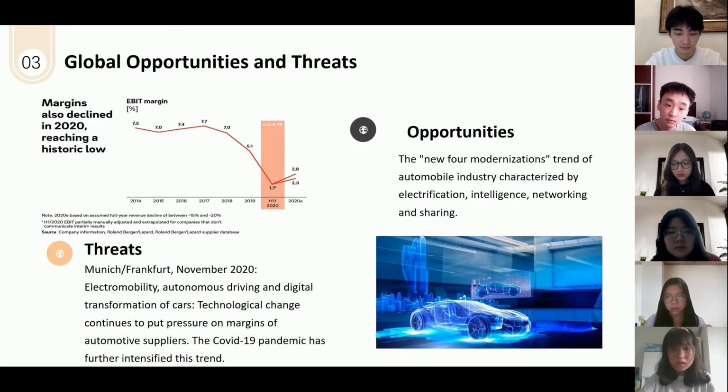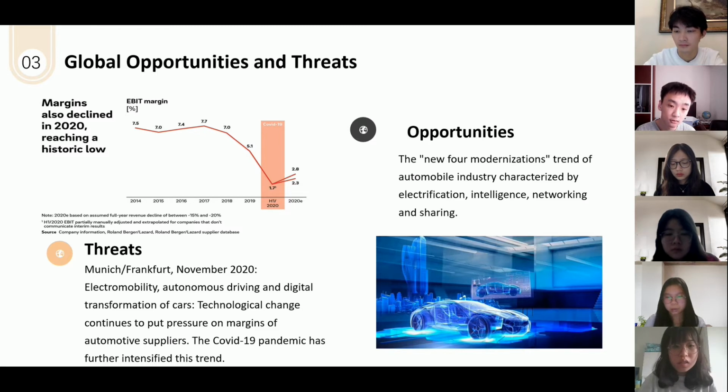As mentioned earlier, with the birth of a new round of scientific and technological revolutions, the global automobile industry is undergoing disruptive changes in communications, technology, energy and power production, and operation and use.